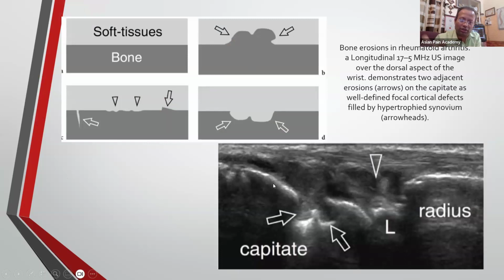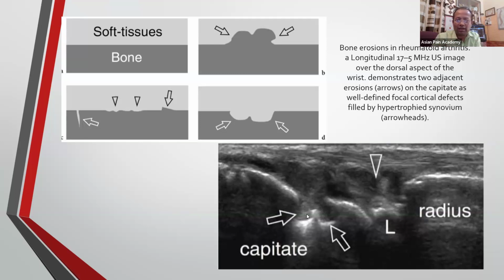In the posterior side, in rheumatoid arthritis cases, we will always see the margin, the articular surface of the carpal bones. So there can be a bone erosion, there can be osteophyte type of bone coming out, or there can be a gap, cortical defects. So erosion, cortical defects, these are possible.